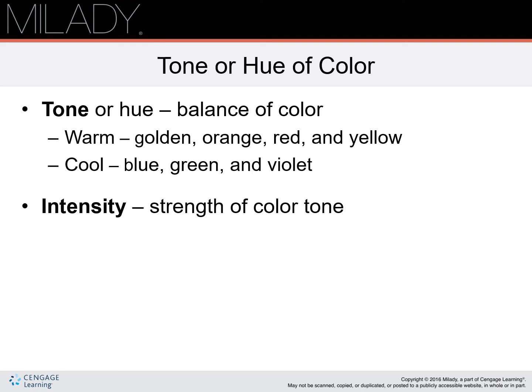Now again, a lot of color lines don't make colors like that, or they use a number system. I'm going to show you how to use the number system and a letter system. When using a number system, instead of R, they may use a 4 or a 3, whatever it is for their color line. Again, they're going to provide you a swatch book and a color wheel for their color line.